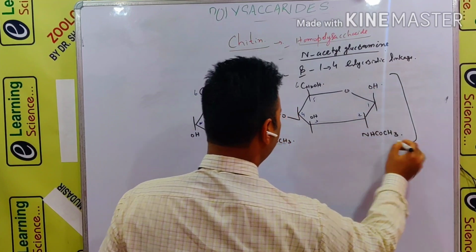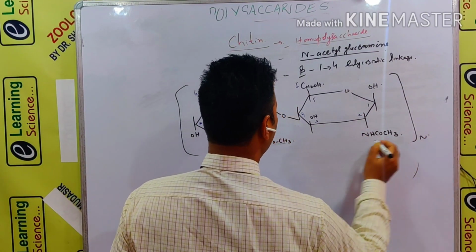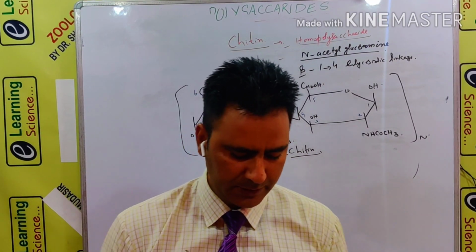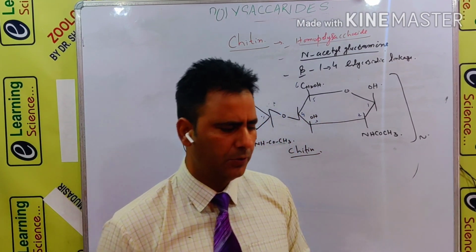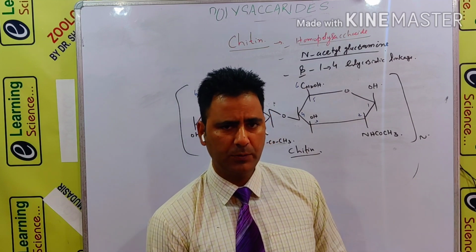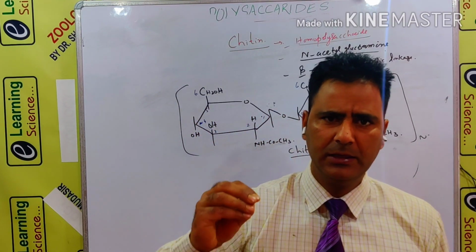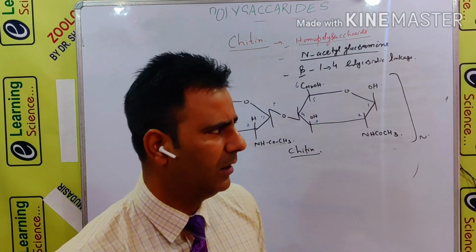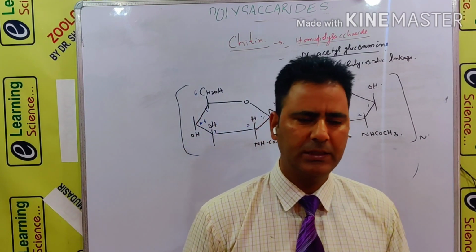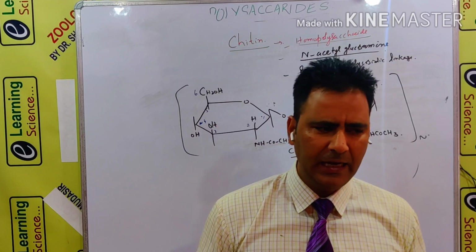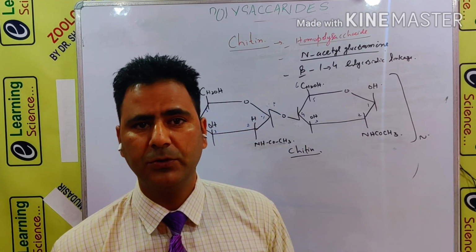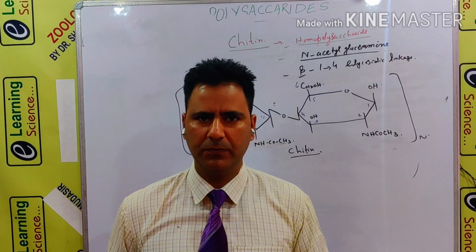You repeat this n times, and you are forming what we call chitin. Chitin is a homopolysaccharide produced by arthropods, kingdom Arthropoda. They are the most abundant animals, because of the presence of a hard exoskeleton, which we call the chitinous cuticle. So chitin forms the exoskeleton of arthropods, and about 1 billion tons of chitin are produced in the biosphere every year. That's one more important point about this.